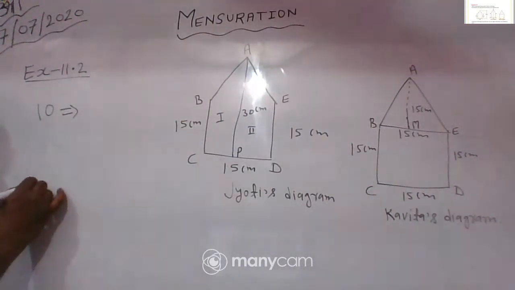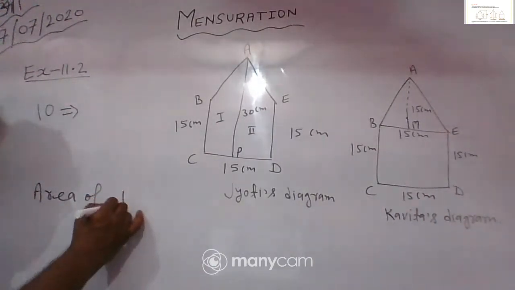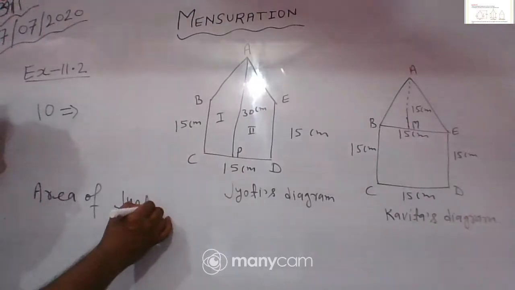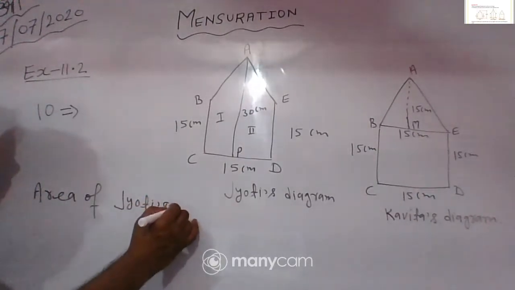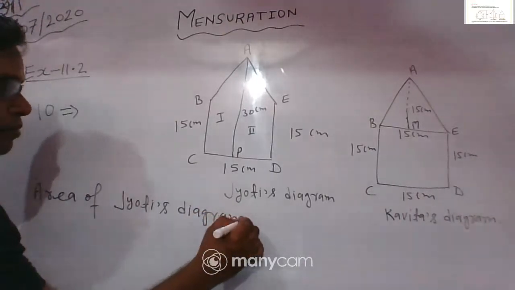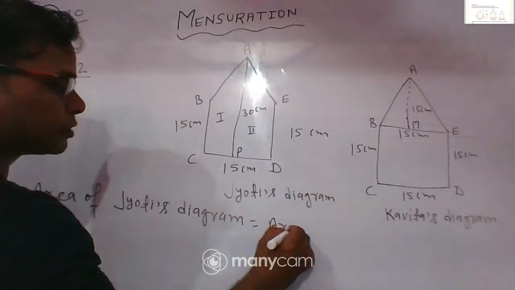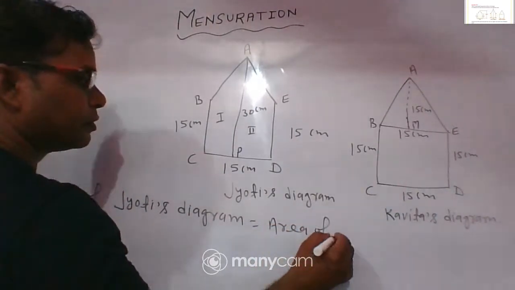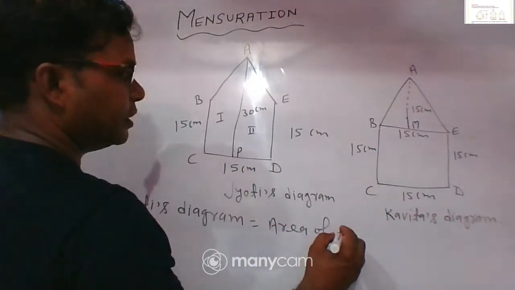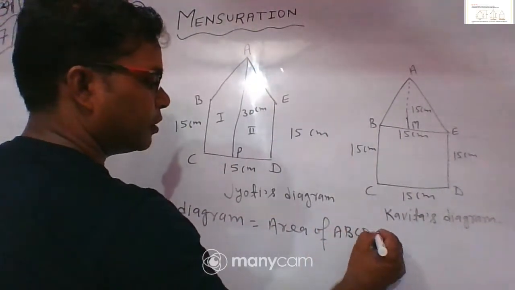So area of Jyoti's diagram is equal to area of ABCD.